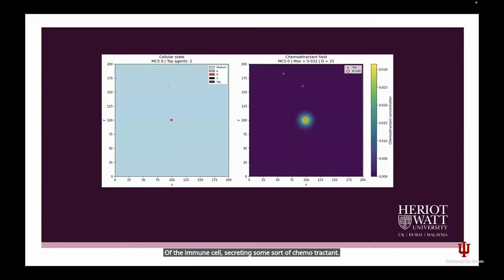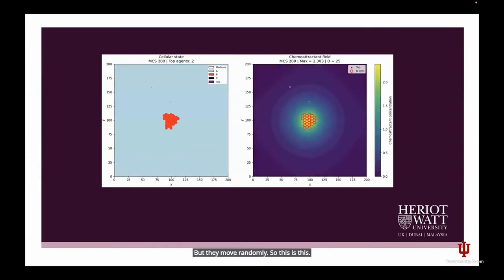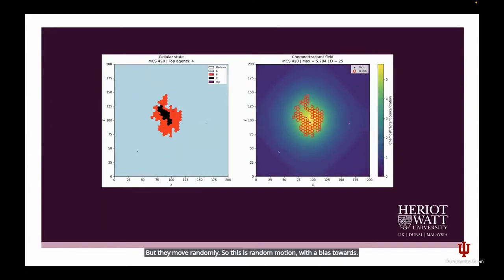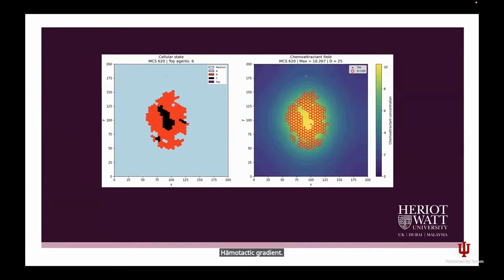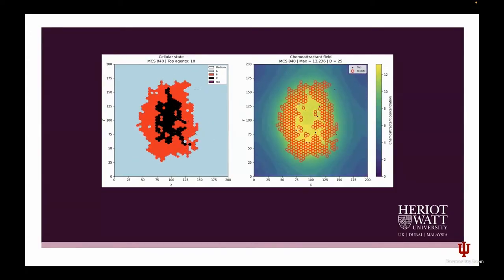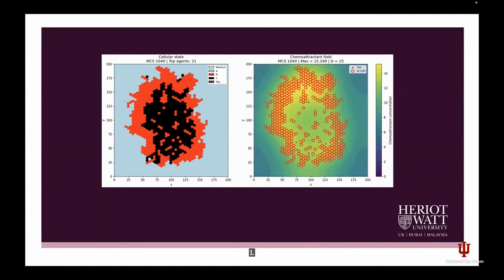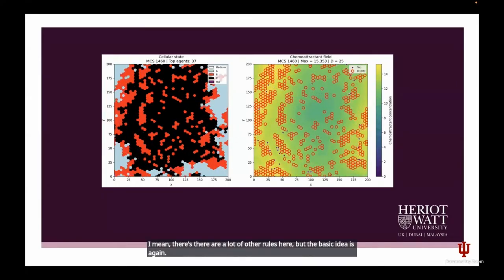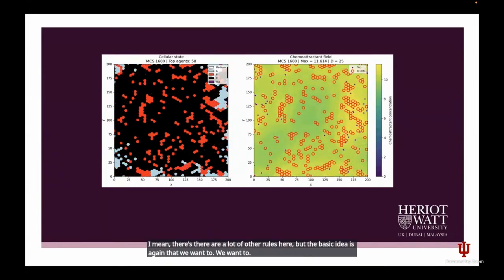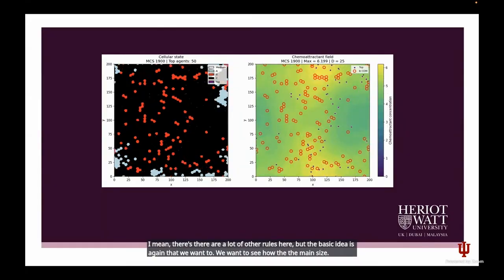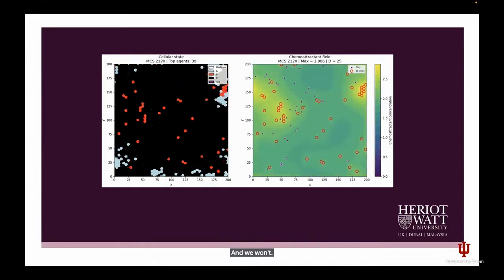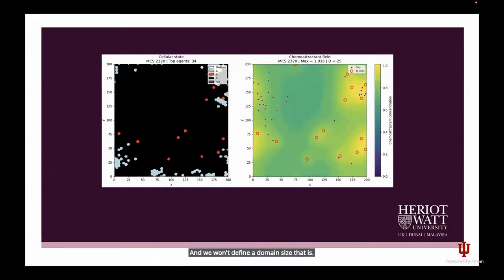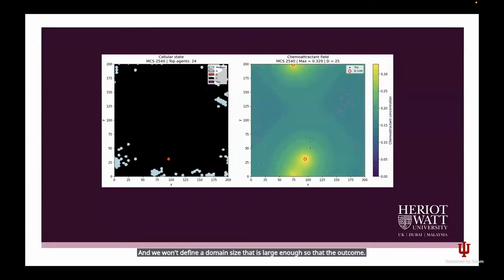But they move randomly, so this is random motion with a bias towards the chemotactic gradient. And there are a lot of other rules here, but the basic idea is again that we want to see how the domain size affects the outcome, and we want to find a domain size that is large enough so that the outcome is not affected.